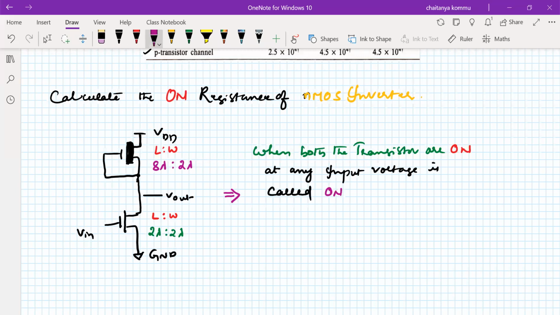So that means you fix some particular input voltage, and at that time, both the transistors must be on.